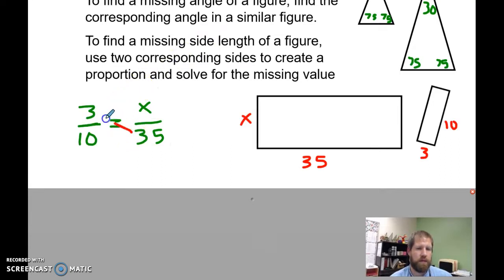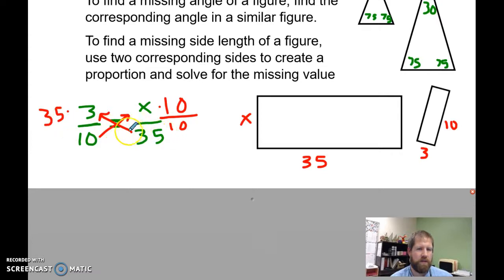Some people multiply everything over, and you would have 10 times x and 35 times 3. But then you're going to end up having to divide by 10 anyway.